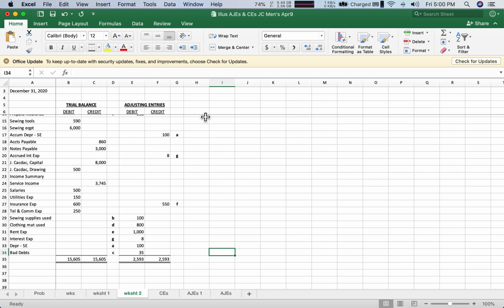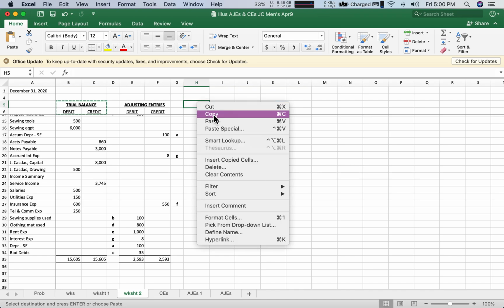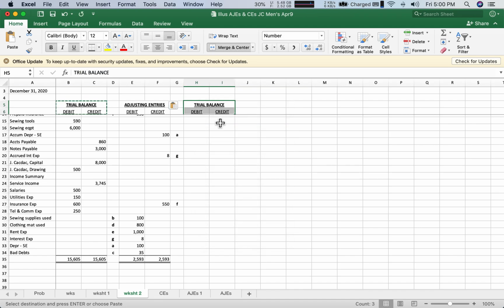So we just copy these to the next two columns, copy, paste, but this one we will call adjusted TB.